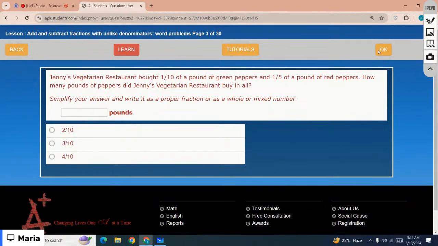So just add 1 by 10 and 1 by 5 and see which is the correct option. The correct option is 3 over 10. Option number 2 is the correct option.